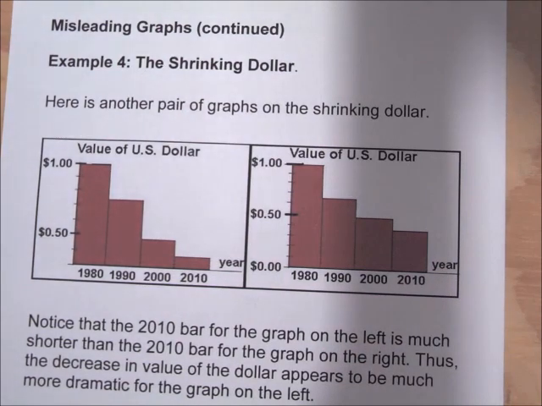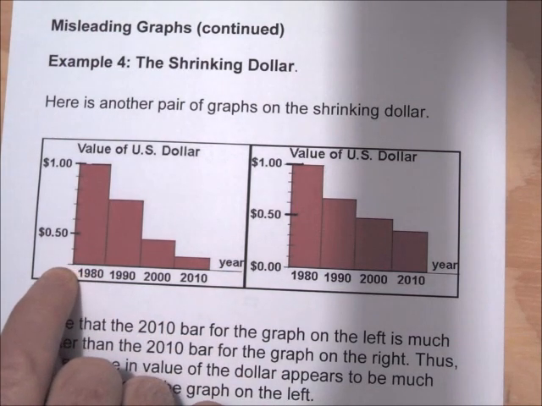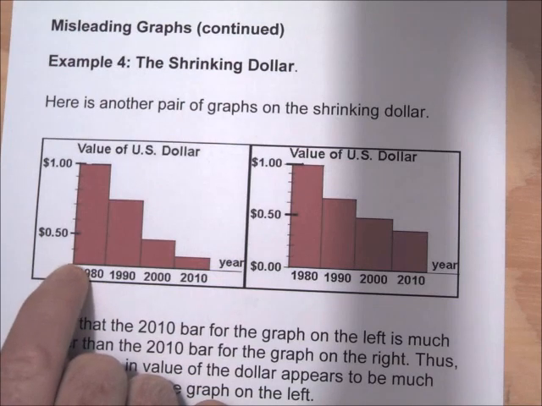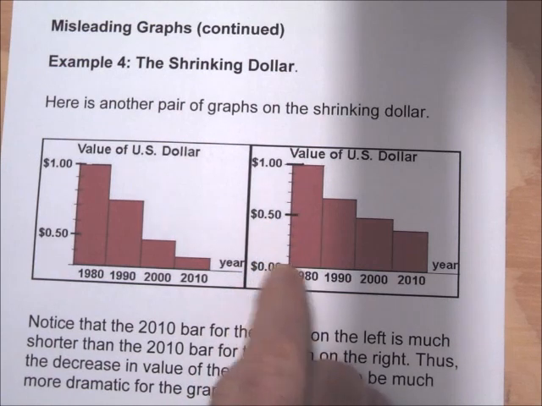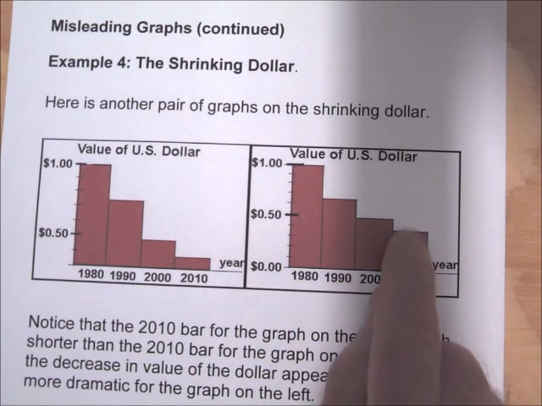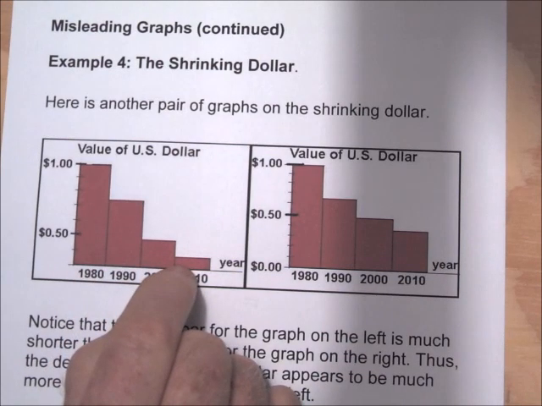And why is that the case? Well, on the left graph, it looks like the scale started at about 30 cents. So they didn't go all the way down to 0 on the graph on the left. On the graph on the right, the scale starts at 0, so you can see the full 40 cents here. What you see here is just the part between 30 and 40 cents.